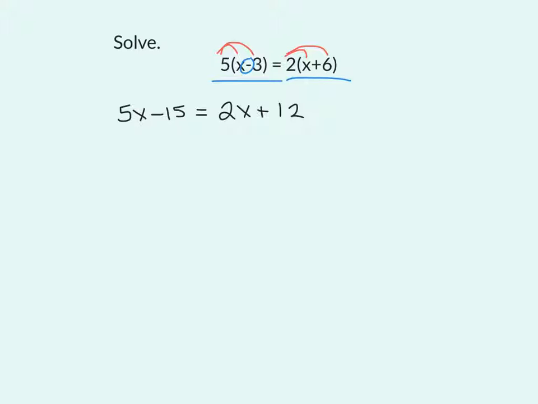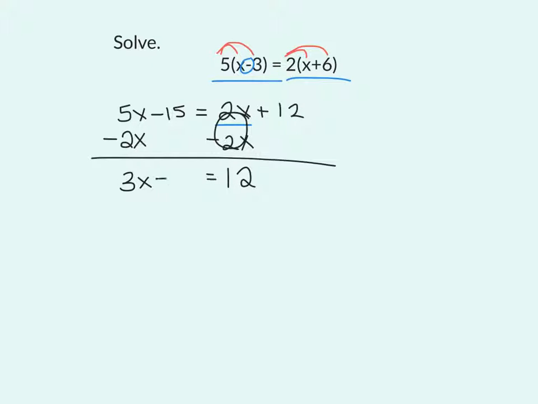Notice that the 2x is positive, so I'm going to do the opposite and subtract 2x from both sides. So 2x minus 2x is a 0, so that just leaves me with a 12 on the right side. And then 5x minus 2x is 3x, and I still have that minus 15 on the left side.